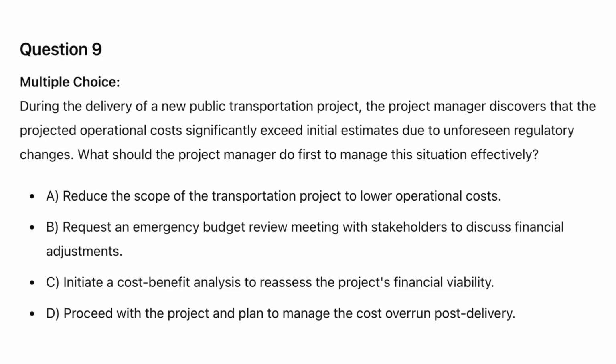B. Request an emergency budget review meeting with stakeholders to discuss financial adjustments. C. Initiate a cost-benefit analysis to reassess the project's financial viability. D. Proceed with the project and plan to manage the cost overrun post-delivery.